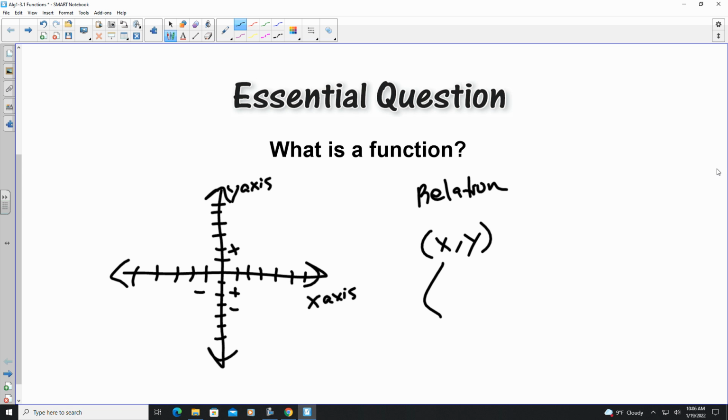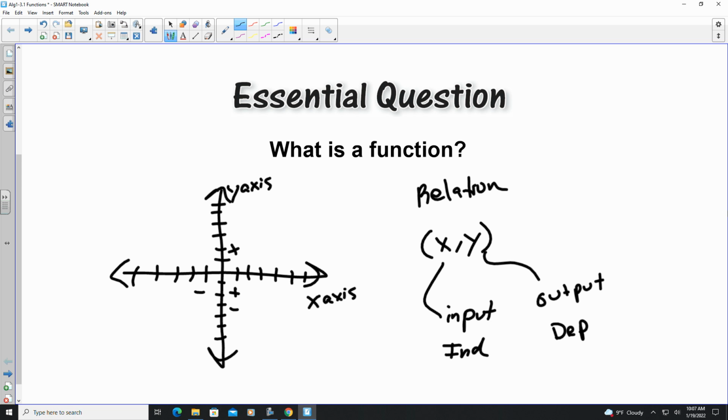Another way of calling your x values on your coordinate plane is to call it an input. More often than not, x is called the independent variable. When you look at y, those are your outputs, and those are more commonly known as the dependent variable.